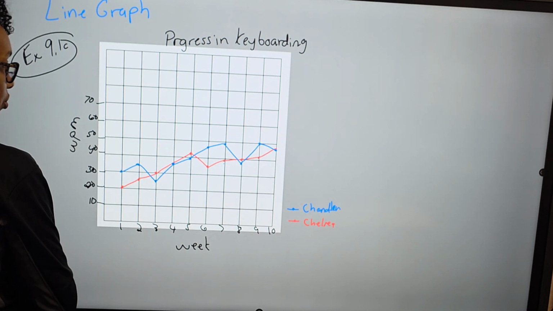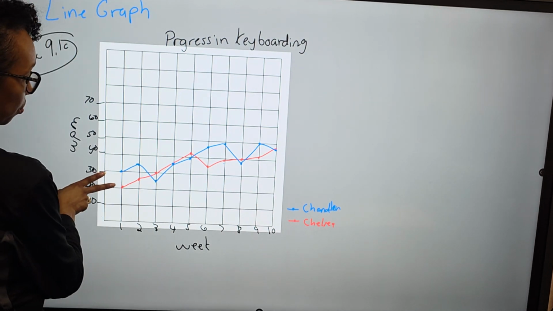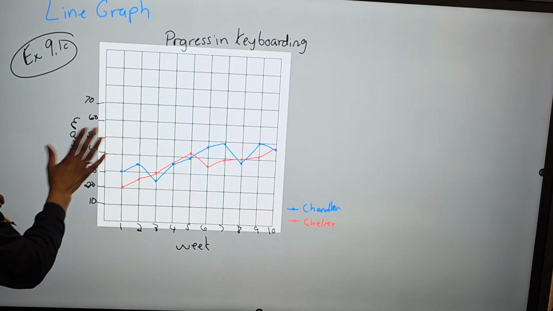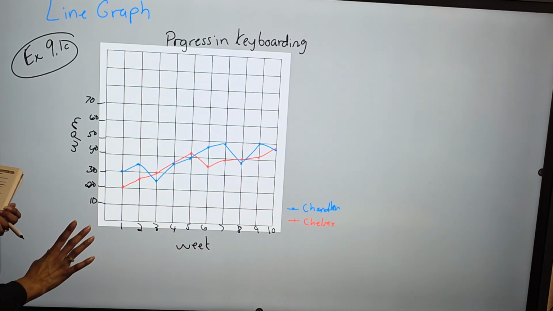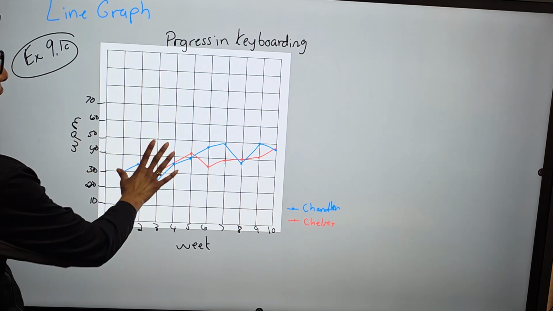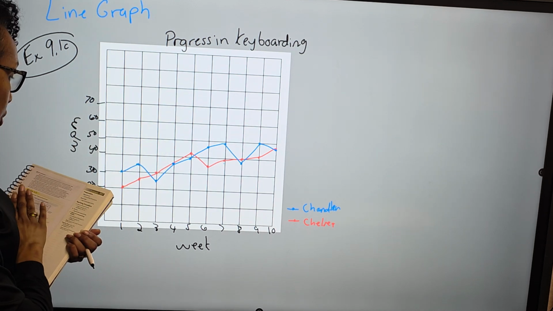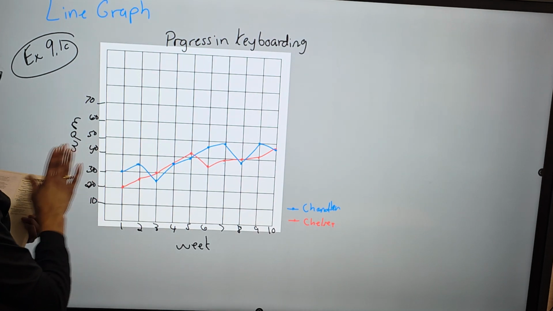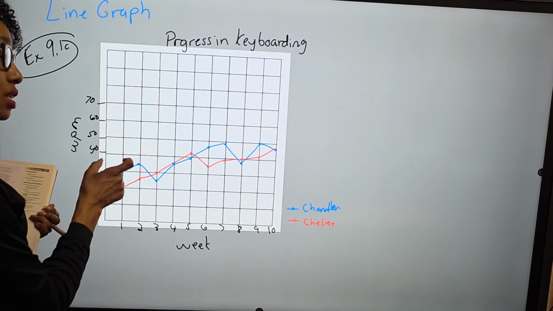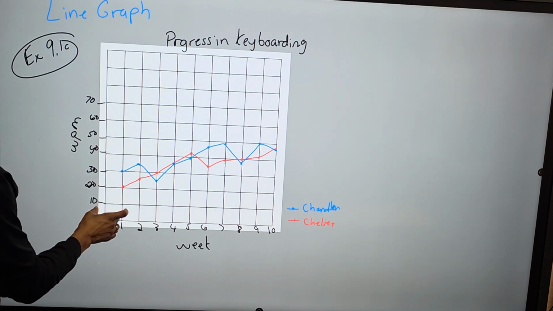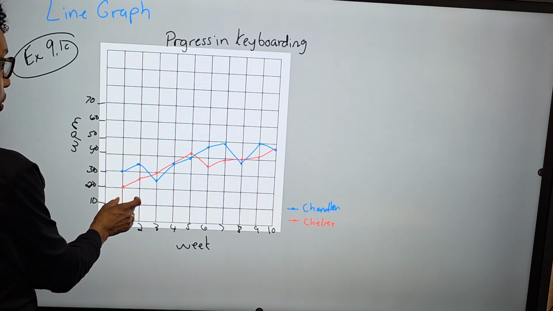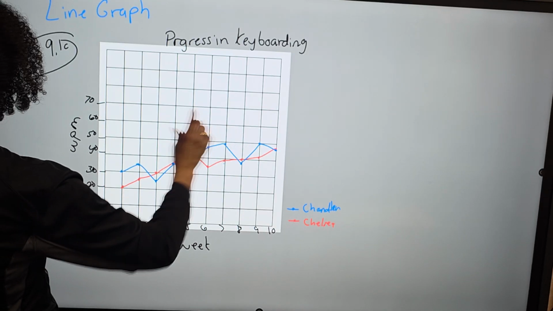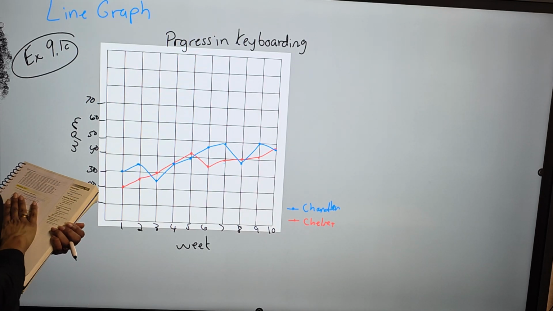Okay, so again, it gives you just an idea of the progress of the two students, and then you can answer questions about it. One thing I do want to mention, if you look at my graph compared to the graph in your book, even though the data is exactly the same, the spacing between my bars is a little shorter, and so it doesn't look as close on some of the areas as it does, or stretched out as it does in your book.